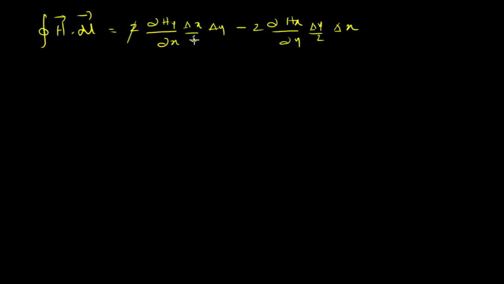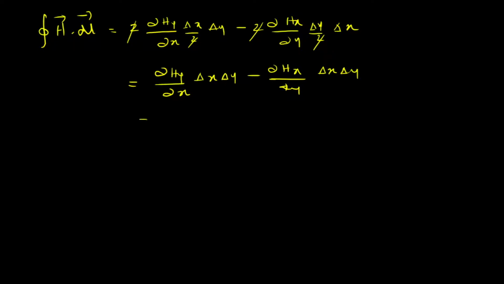Now these two cancel, these two cancel, right? And I get partial Hy by partial x multiplied by delta x delta y, minus partial Hx by partial y multiplied by delta x delta y.